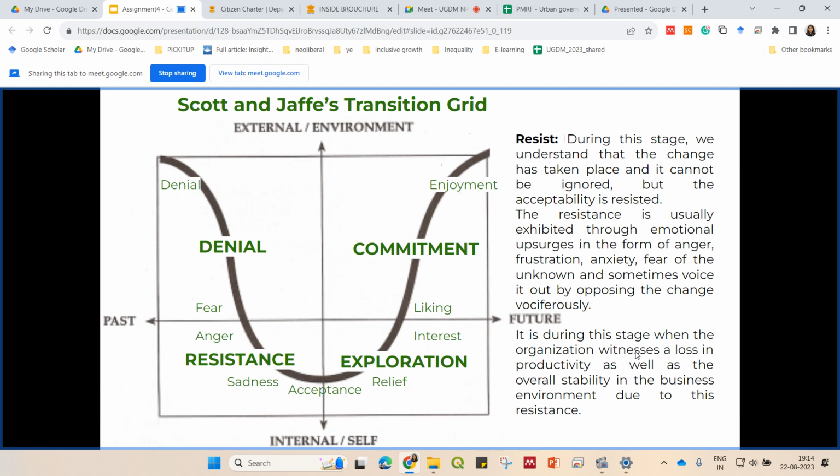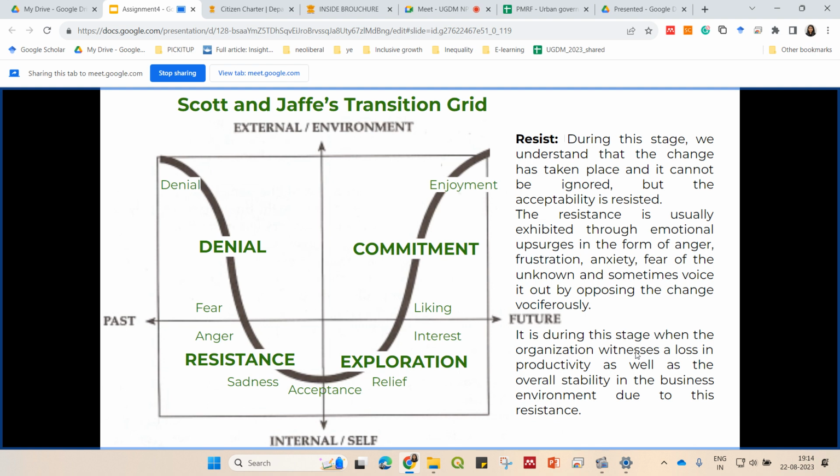So after this anger, after this deliberation of the changes that are going to occur and how it is going to affect them, maybe with some input from your manager or from your peers about what opportunities lie ahead, or that this is a change which has to come, they cannot resist it.